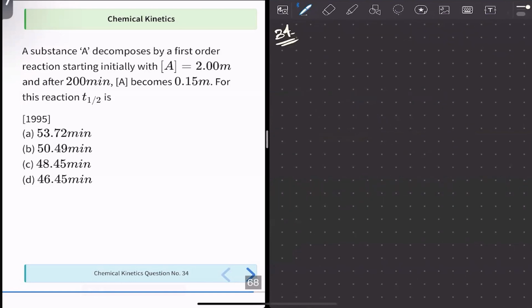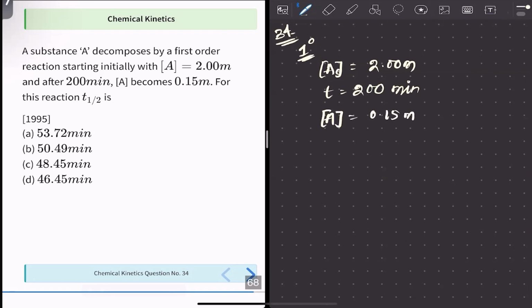A substance A decomposes by a first order reaction, starting initially with concentration of A that is 2 molar. After 200 minutes, A becomes 0.15 molar.